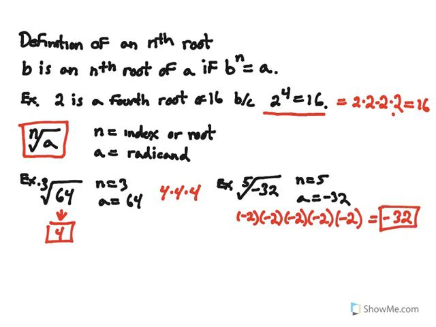So technically, negative 2 multiplied by itself 5 times will in fact give me negative 32.